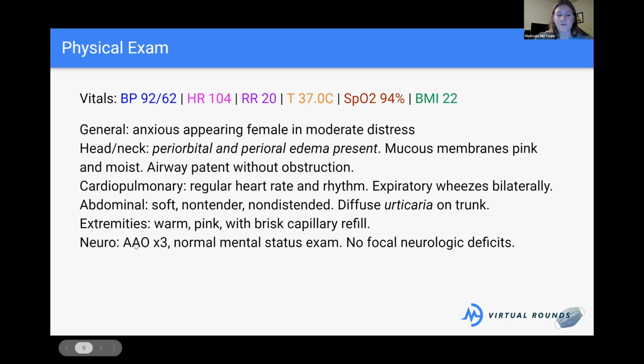So she is alert and oriented ×3 or AAO ×3 with a normal mental status exam and has no focal neurologic deficits. So presumably her brain is still being well perfused despite this kind of lower end of the blood pressure.